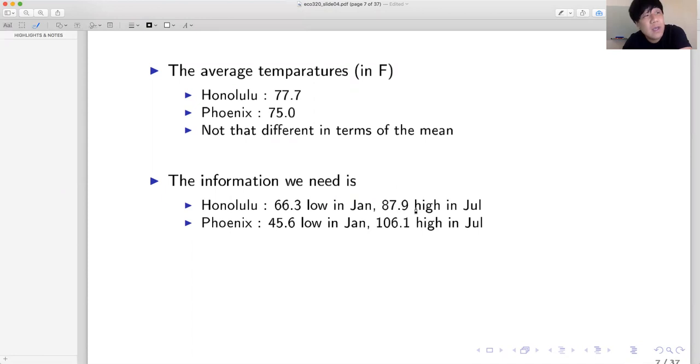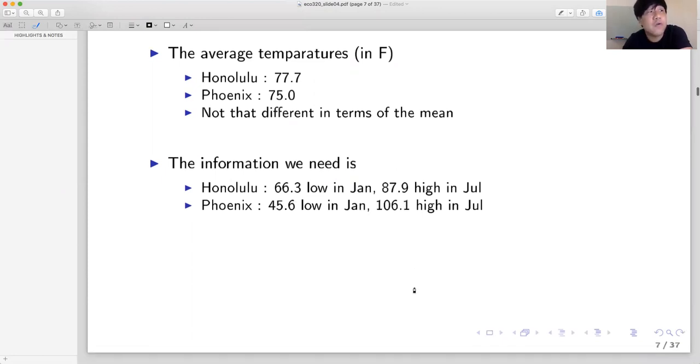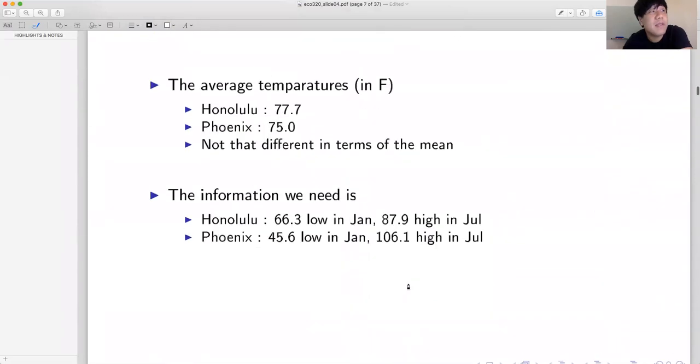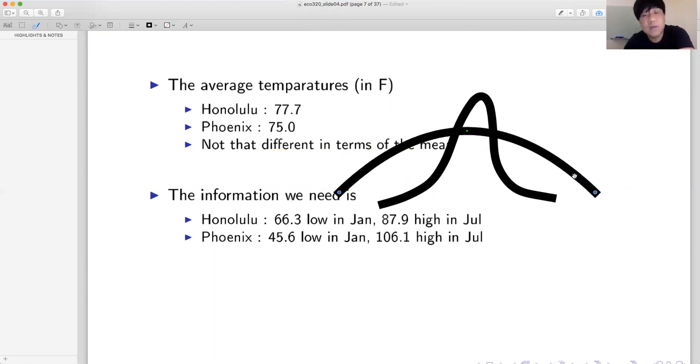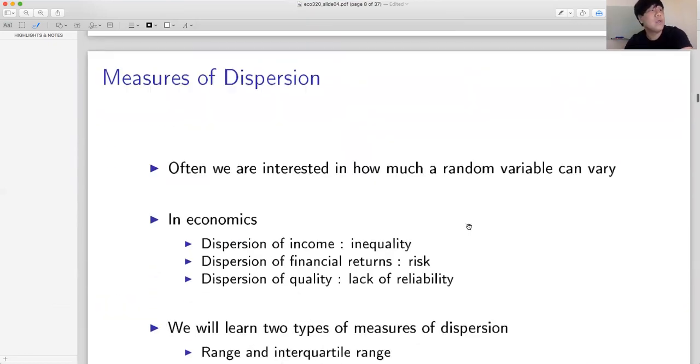On the other hand, the variation or range is very small in Honolulu, despite their average temperatures being the same. Compared to the previous cases, Phoenix is more like the blue, and Honolulu is more like the red in the previous distributions.